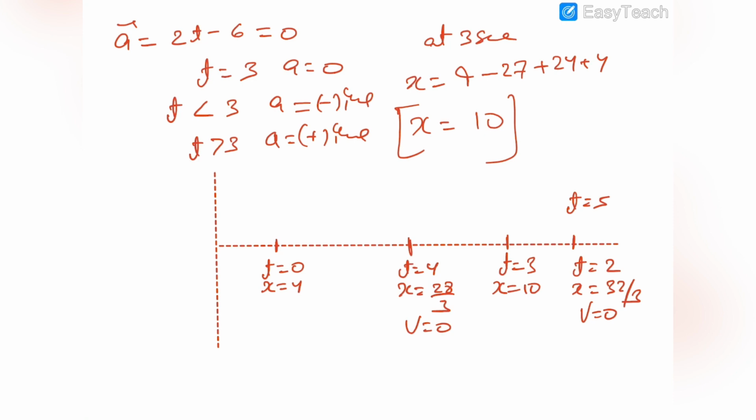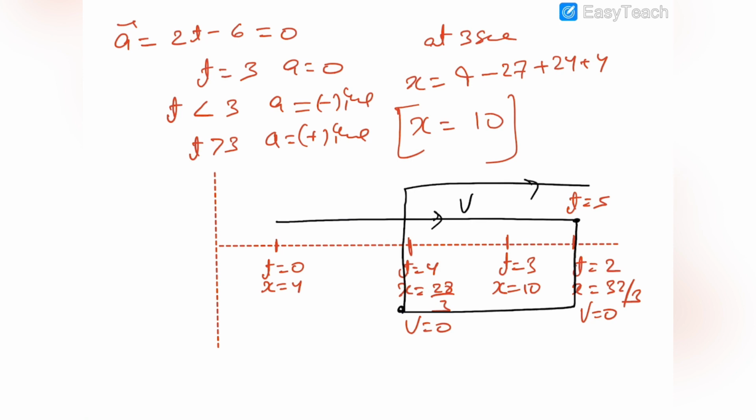So we have already marked the motion. The object goes in the forward direction, then makes a U-turn and moves in the backward direction. Then again it makes a U-turn and moves in the forward direction.